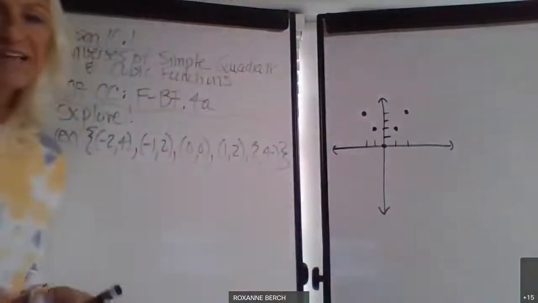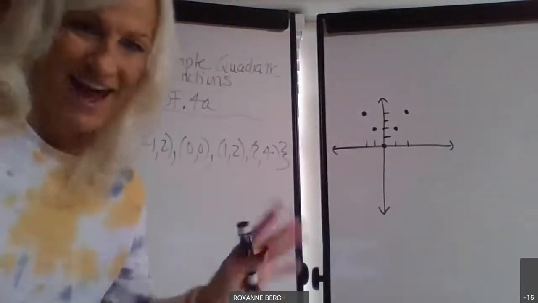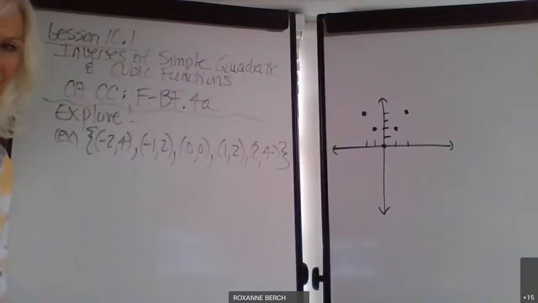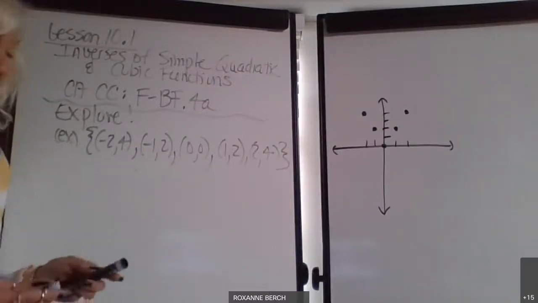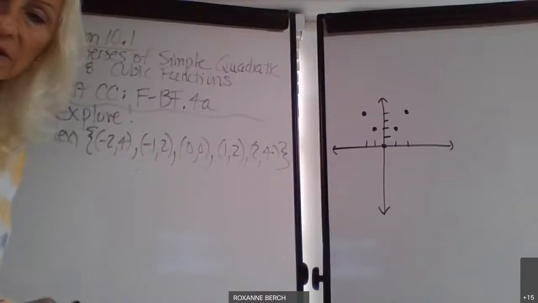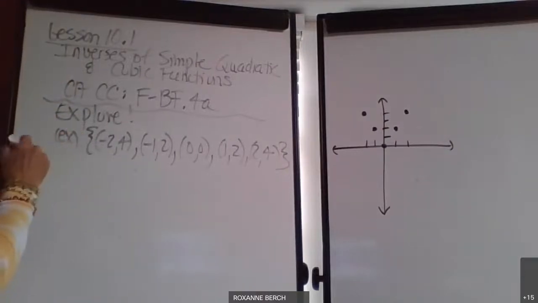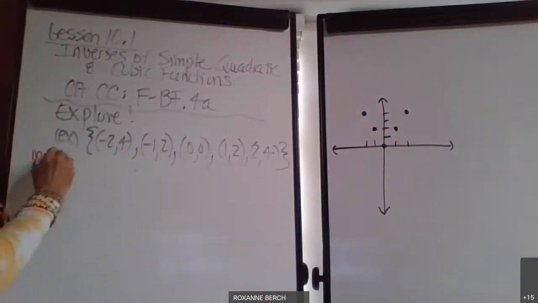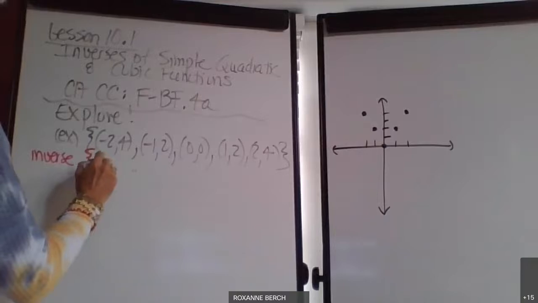Now, I know that looks like a parabola, but we do not connect the dots. This is not an equation. These are singular points. If you remember, to find the inverse, we could just switch these.